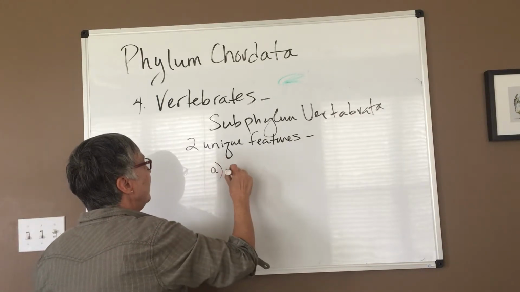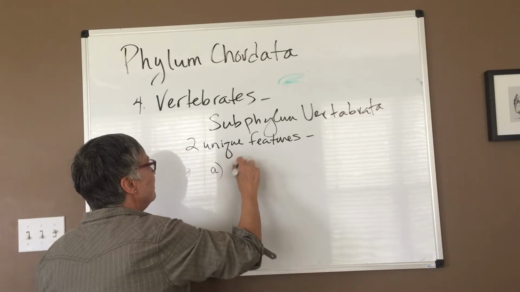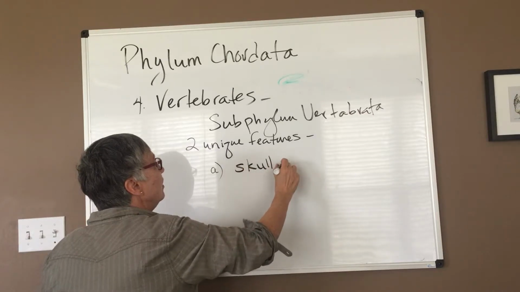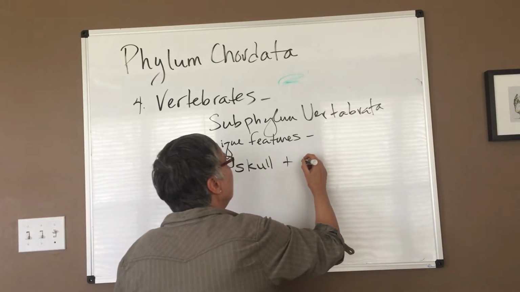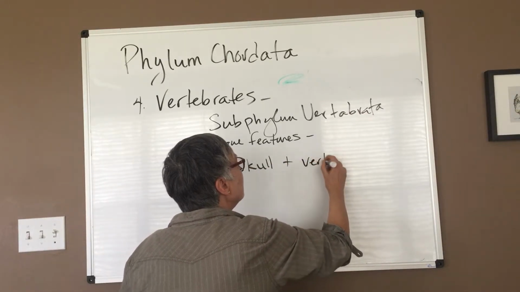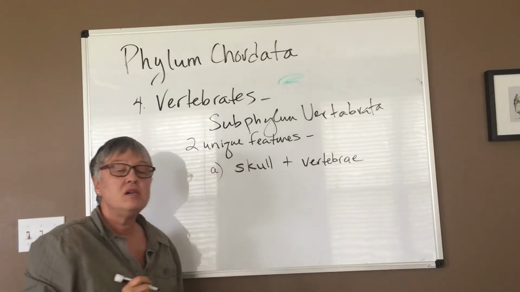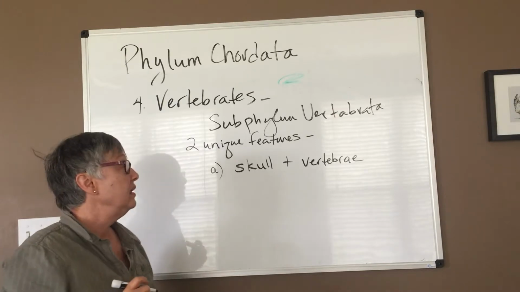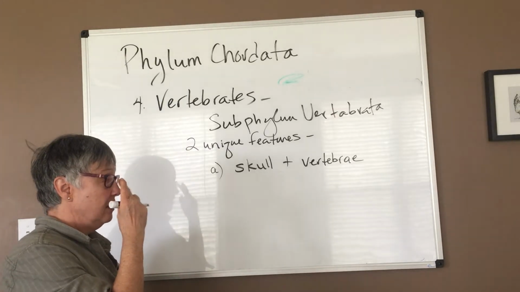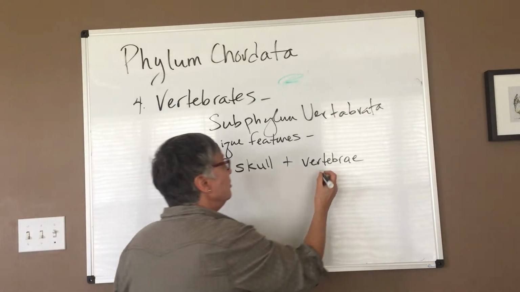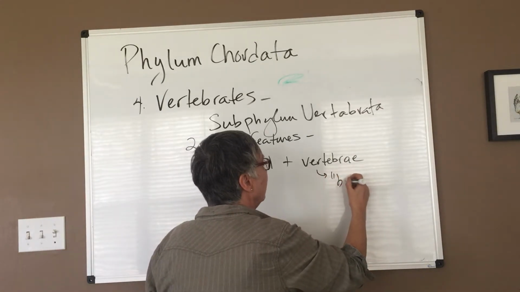Number one, we have the development of a skull plus bone that are called vertebrae, and they form what you know as the backbone.